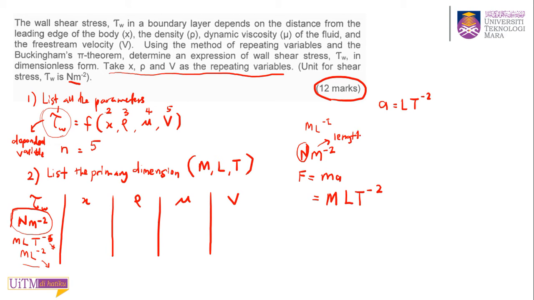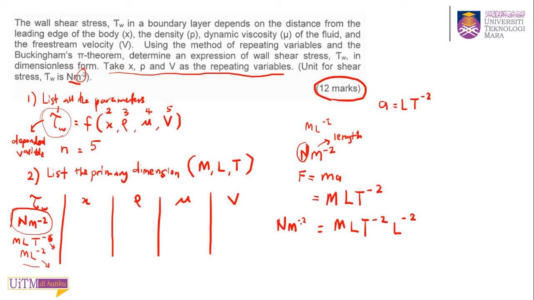So meter minus 2 is length minus 2, which is L minus 2. So for F you have MLT minus 2, and you have another meter minus 2, which is L minus 2, right?